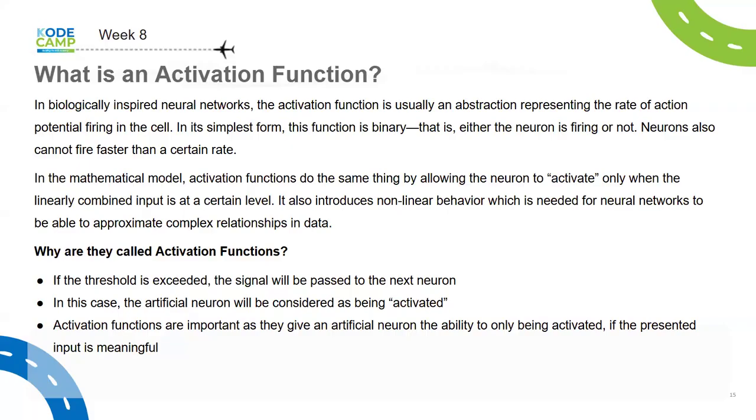In the simplest form, you can think of it as binary, that is the perceptron. So either the neuron is firing or not. Neurons also cannot fire faster than a certain rate. This is in the biological context. Now, that rate of firing is one thing that has not been modeled in our own artificial mathematical models for artificial neural networks.